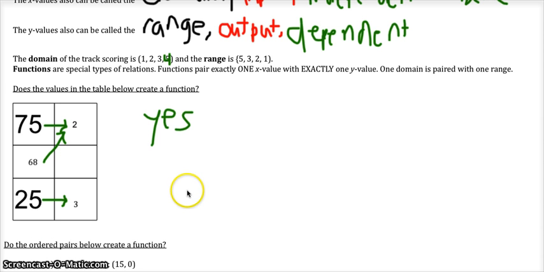Okay, going back and looking at it, this can be a little confusing, but 75 is paired with the 2, and 68 is paired with the 2, 25 is paired with the 3. What's repeating is the y value, not the x values. The x values don't repeat. There's only one x value that's there.